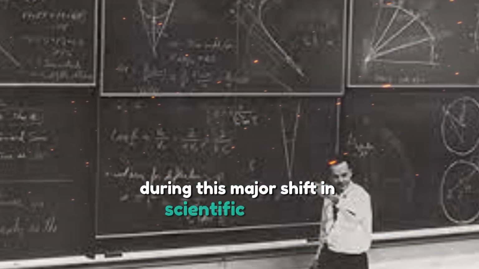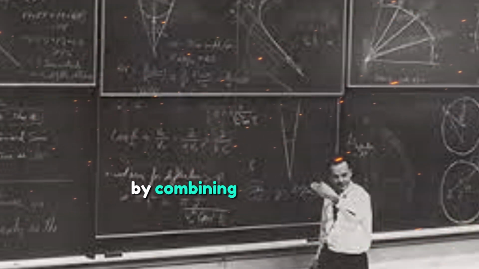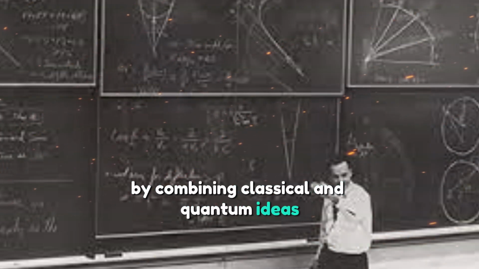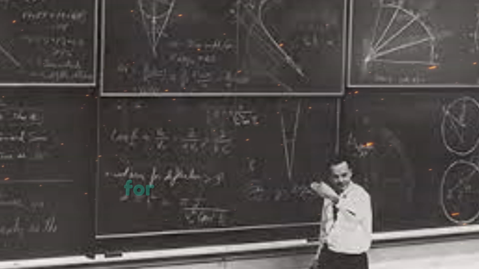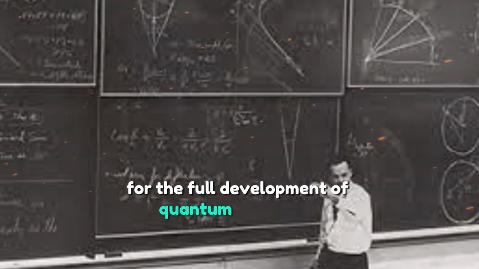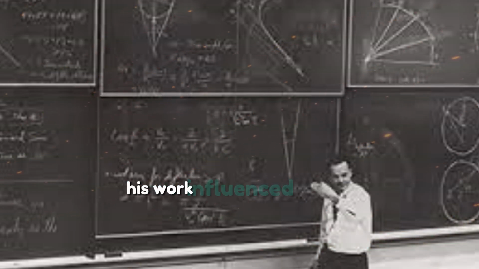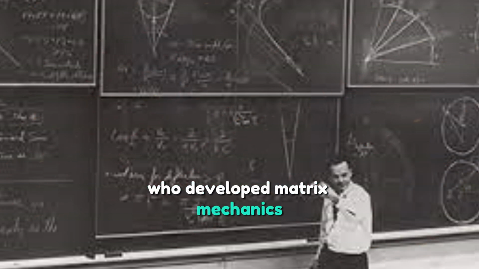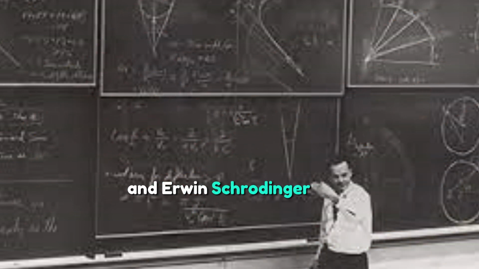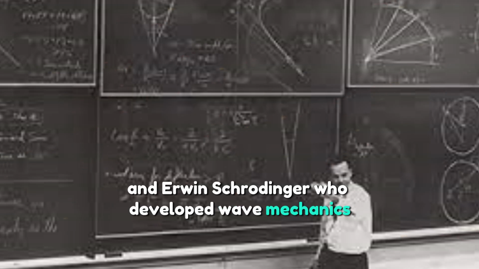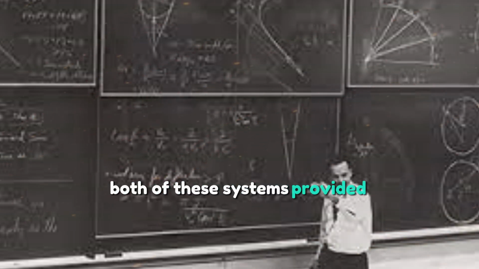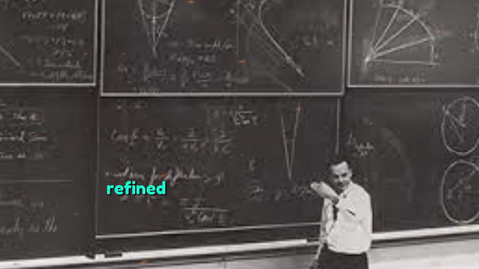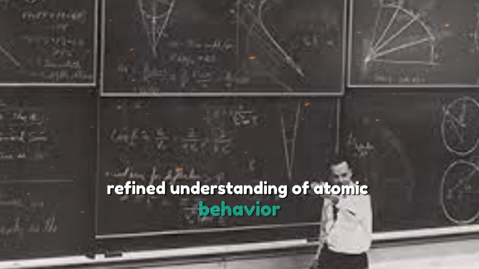By combining classical and quantum ideas, Bohr set the stage for the full development of quantum mechanics. His work influenced Werner Heisenberg, who developed matrix mechanics, and Erwin Schrödinger, who developed wave mechanics. Both of these systems provided a more mathematically refined understanding of atomic behavior.